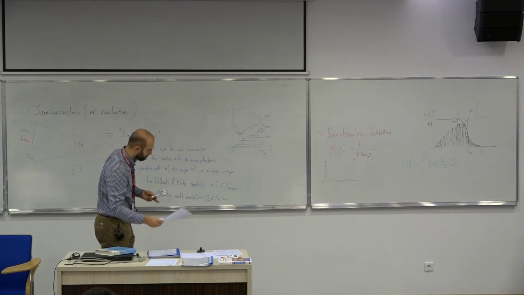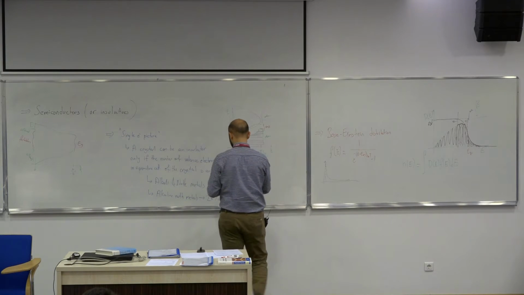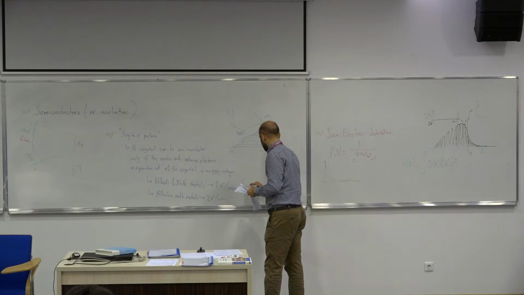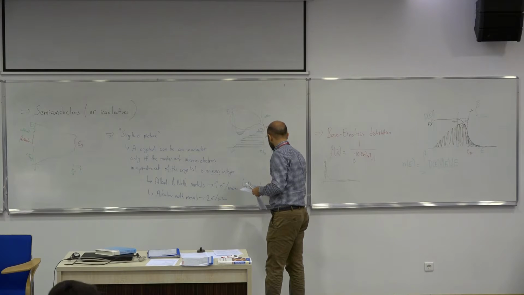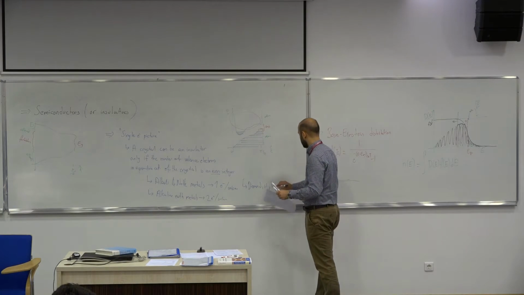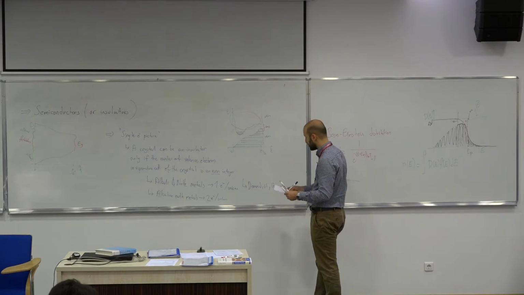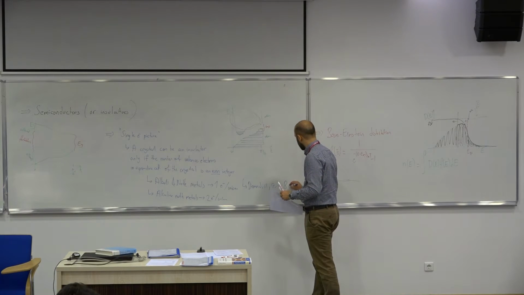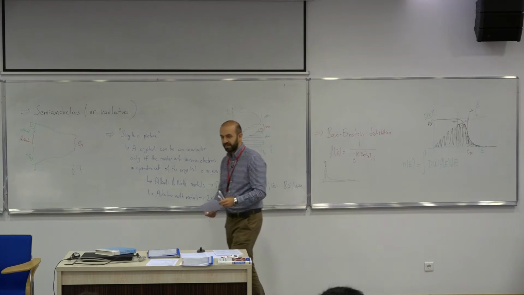Finally, we can have materials like, for instance, diamond, or silicon, or germanium, and so on. You can find a lot of examples like this. They have 8 electrons in their valence.